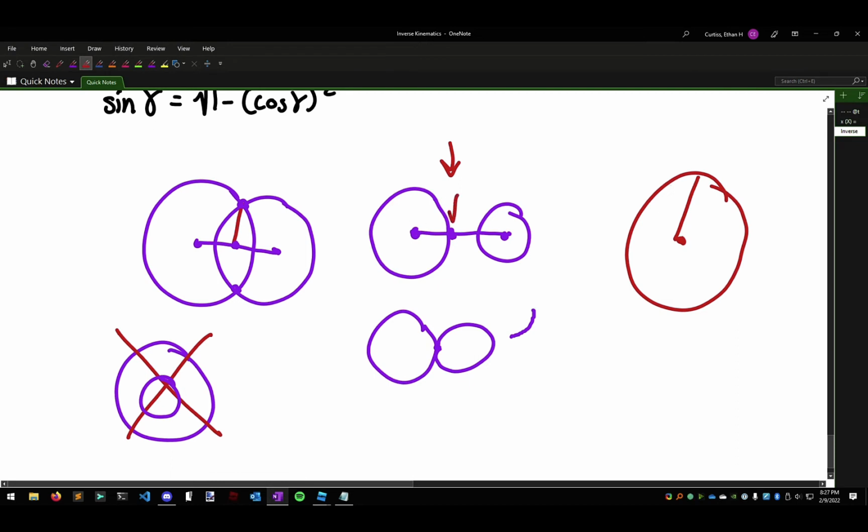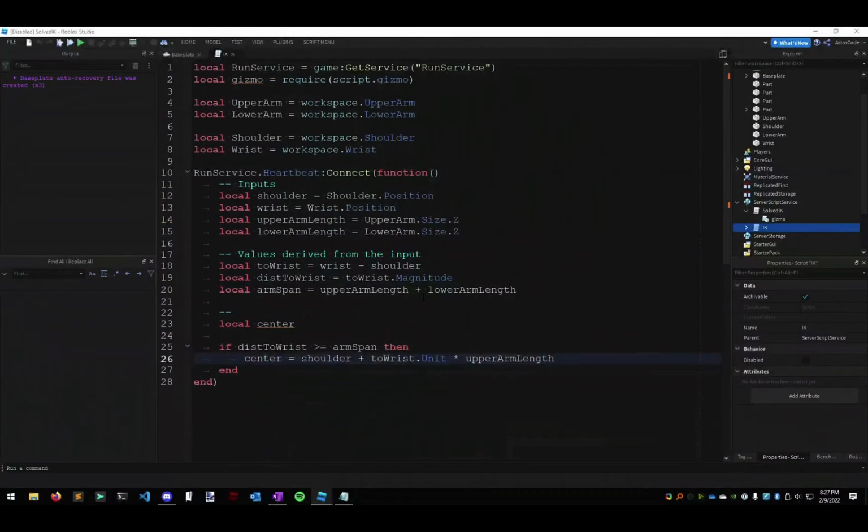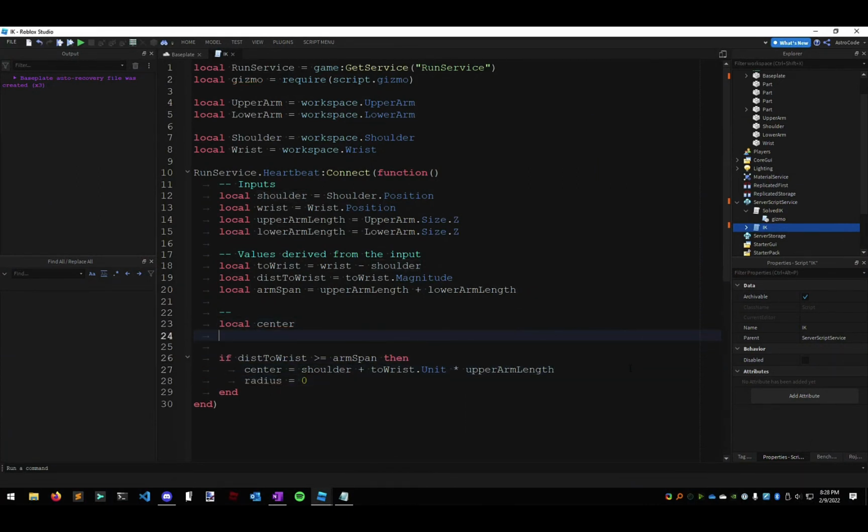So in this degenerate case here, the radius is just 0. Okay, so that's the case where the wrist is too far away.